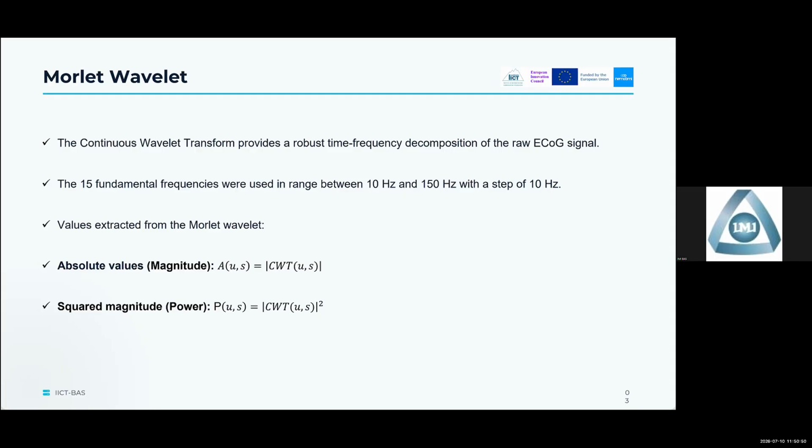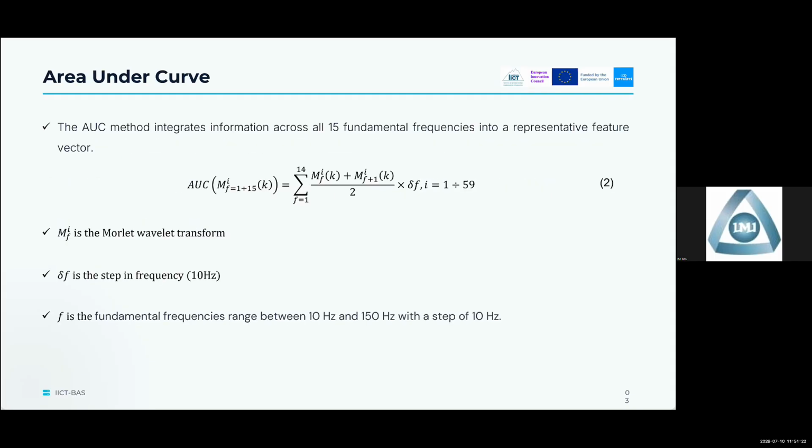In this study, these fundamental frequencies were obtained with a 10 Hz step. Two expressed values after the Morlet wavelets were obtained, in absolute values in the first equation and the squared magnitude in the last one, and used for further feature extraction.